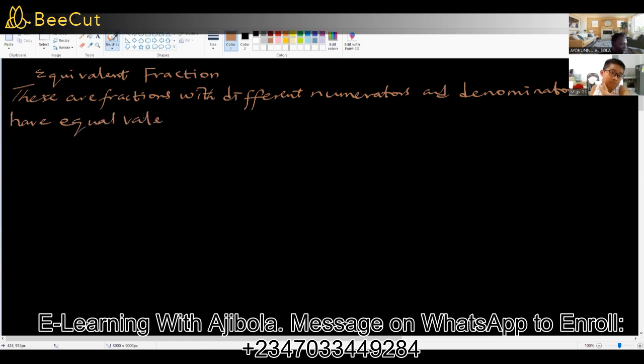So please read this for me. They are fractions with different numerators and denominators but have equal values.